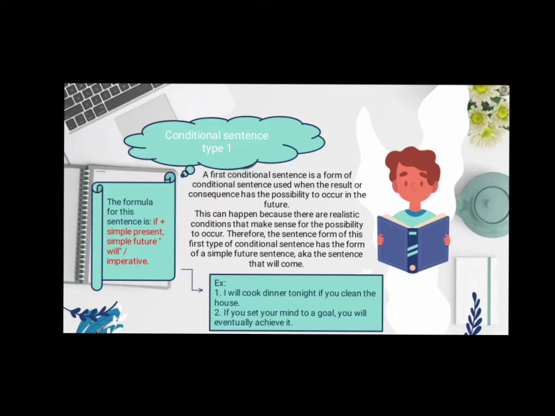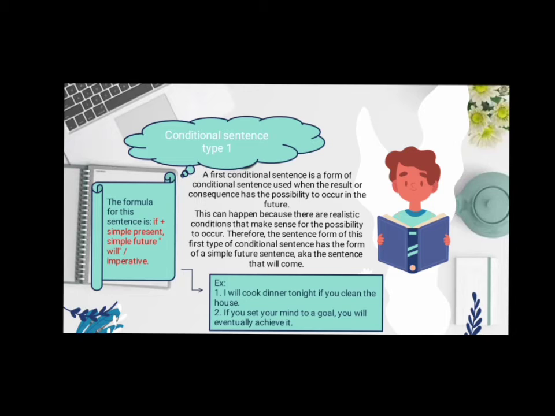Conditional sentence type 1. A first conditional sentence is a form of conditional sentence used when the result or consequence has the possibility to occur in the future. This can happen because there are realistic conditions that make sense for the possibility to occur.